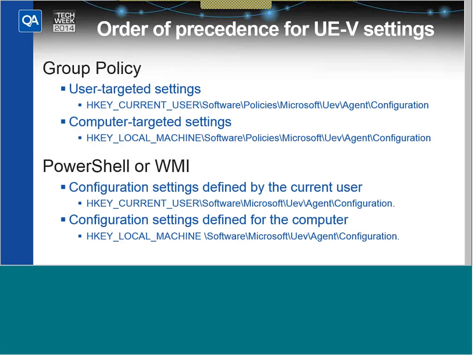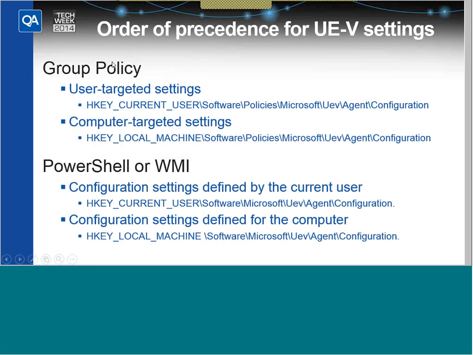So any PowerShell commands, if we apply to the local machine by using the -Computer switch on the Set command, then they can be overridden by settings that are set at the user level through PowerShell. So I use the -User switch instead of the -Computer switch to set the configuration. Therefore, the user settings take precedence over computer settings.